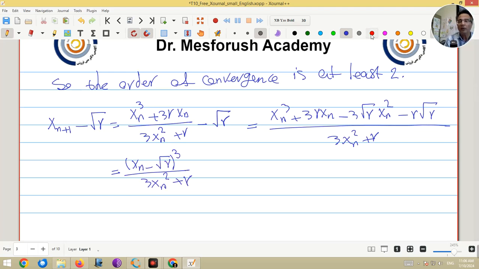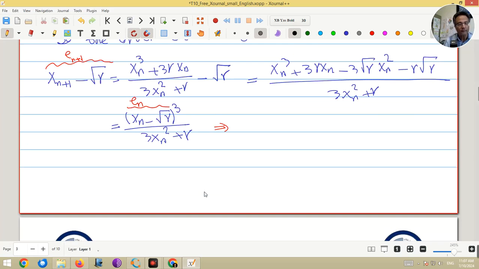Now if I consider this one as e_{n+1} and this one as e_n, we get e_{n+1} equal to e_n cube over (3x_n squared plus r).